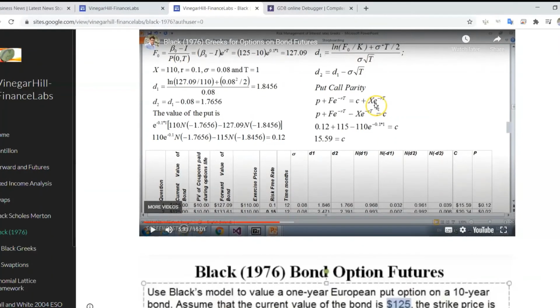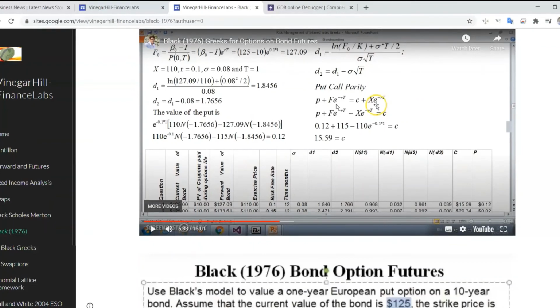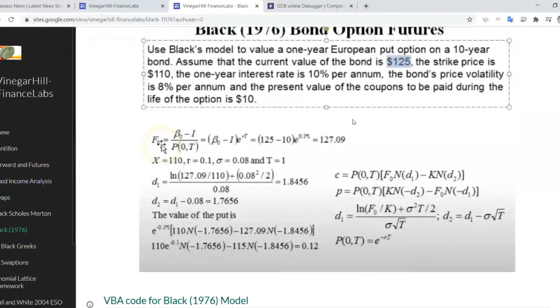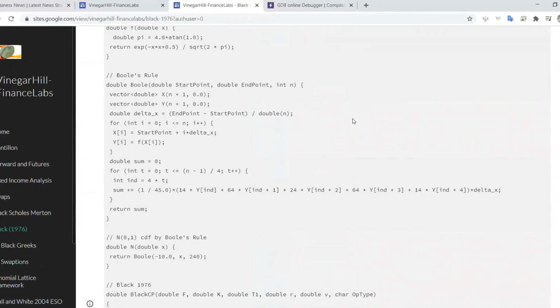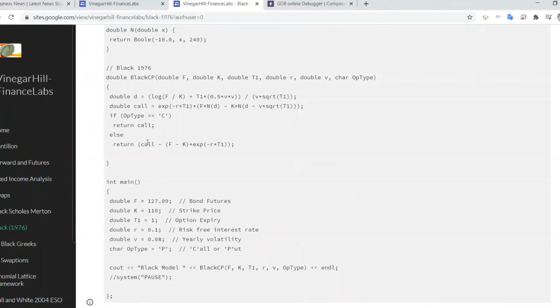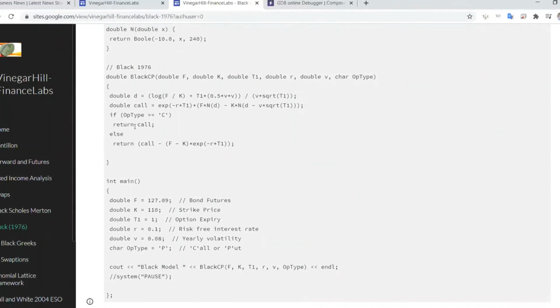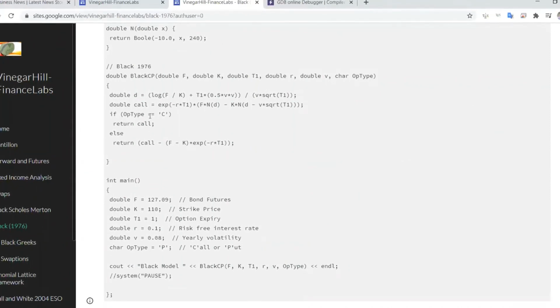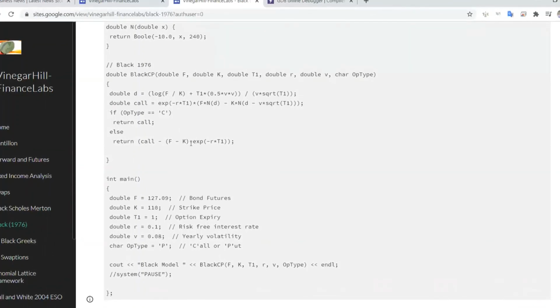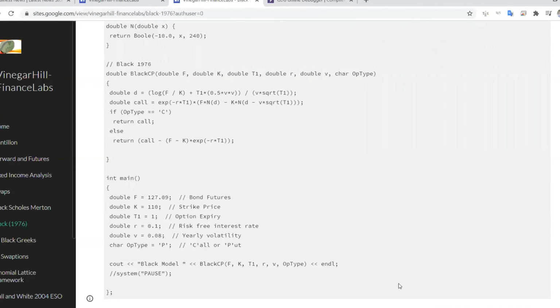So again, this is the exponential. Okay, so we can invoke this put-call parity relationship when estimating to infer the value of the put. So we estimate the value of the call using the Black model, but the value of the put is then obtained by using put-call parity.